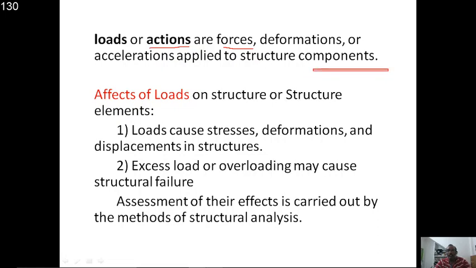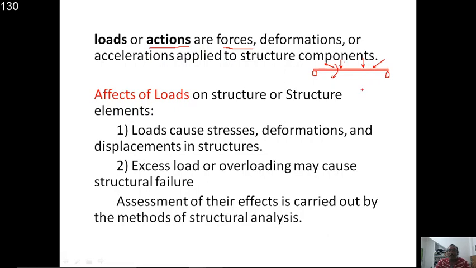If initially our structure is like this, and after the loading conditions my structure is like this, with two supports like this, due to different types of loads, what happens to my structure? There are n number of forces acting in different directions, and there might also be some moments.